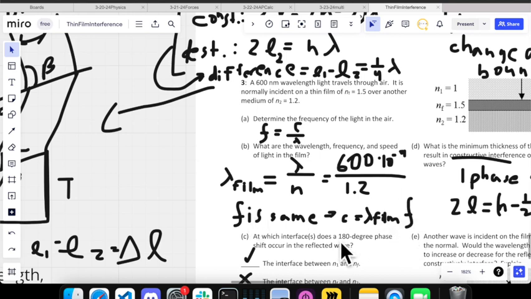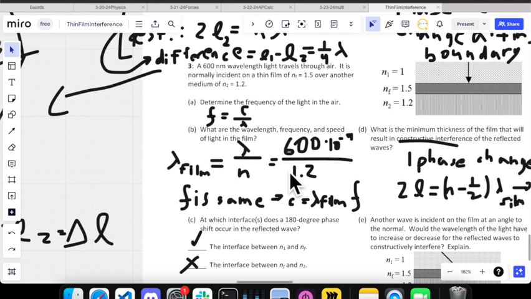Yeah, C1 over C2, I think that ratio is the same thing as N1 over N2. Whatever, that detail doesn't matter too much. You can just remember that frequency is the same, and so you can solve for also the wavelength in the film.